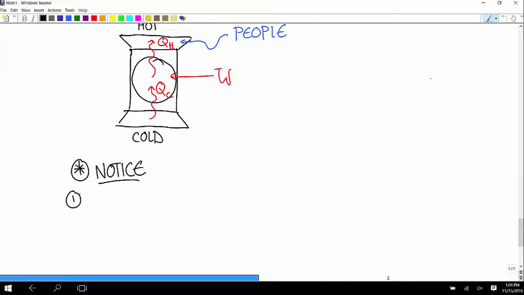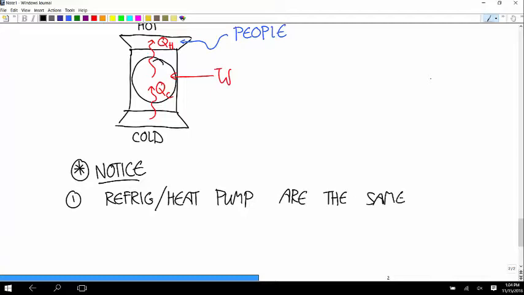So first is what I just said, the refrigeration and heat pump cycles are the same exact cycle.